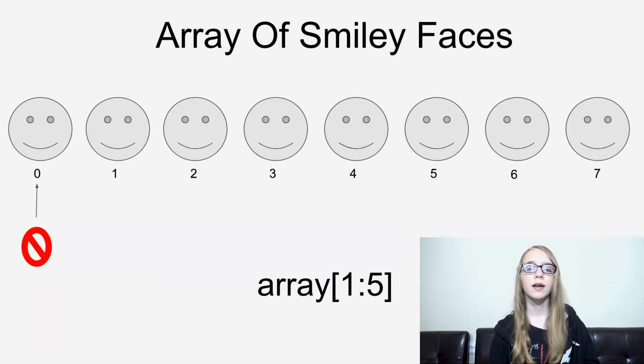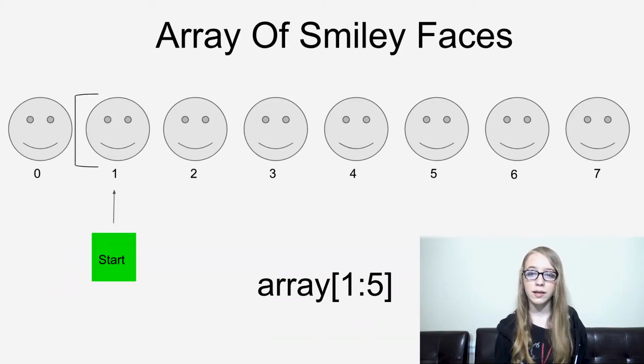The computer will look at the first item in the array, and the computer will see if the index for that item is equal to our starting index. So is it the place where we want to start our subset? Our first item is, of course, at index 0, which is not equal to our starting index, 1. So the computer ignores the first item. It's not going to be part of our subset.